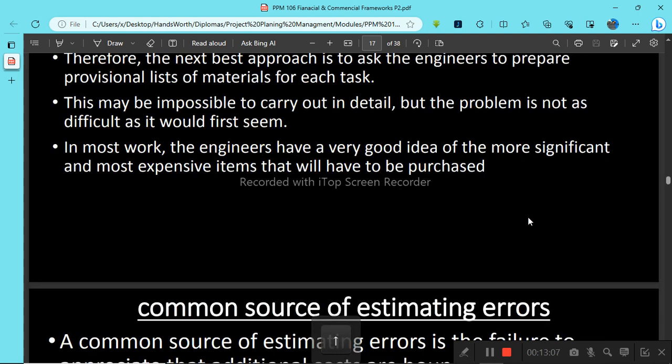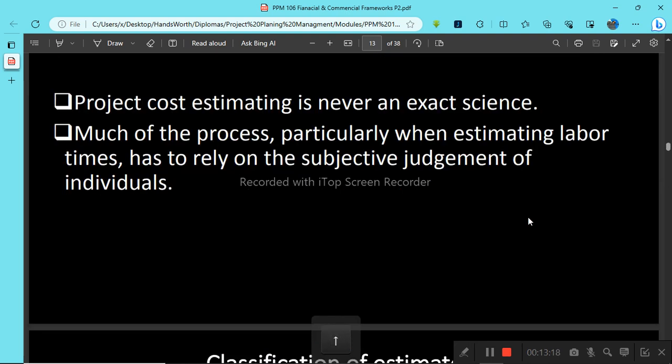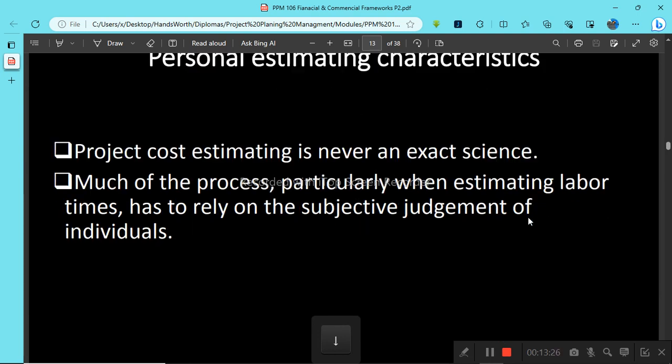All right. So those were examples of forms that you can use for estimation of costs. Now, personal estimating characteristics. Project cost estimating is never an exact science. Much of the process, particularly when estimating labor times, has to rely on subjective judgment of the individuals.